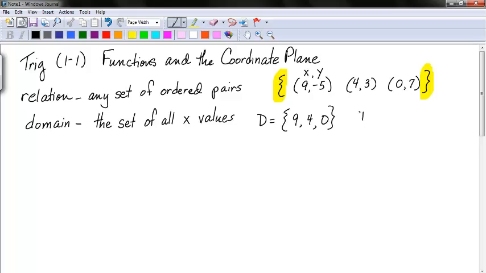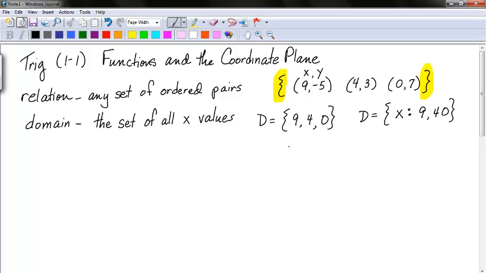Some authors write it like this. The domain equals the set of all X's, and then they might use a colon. That's just that author's notation, and you read it as the set of all X values such that.